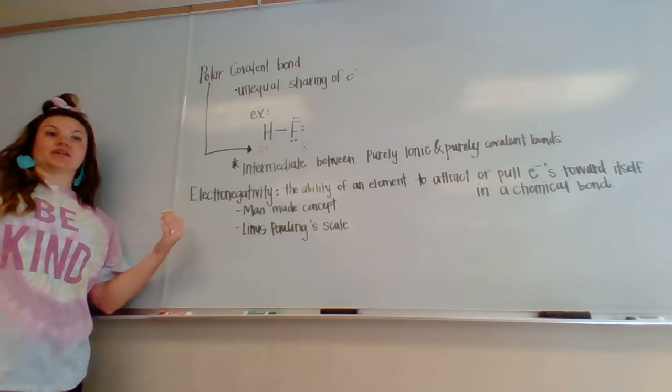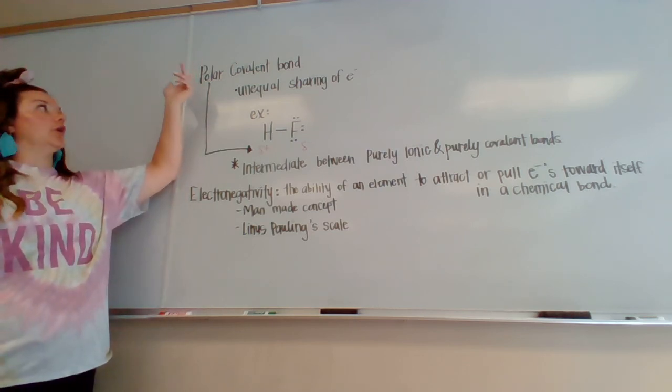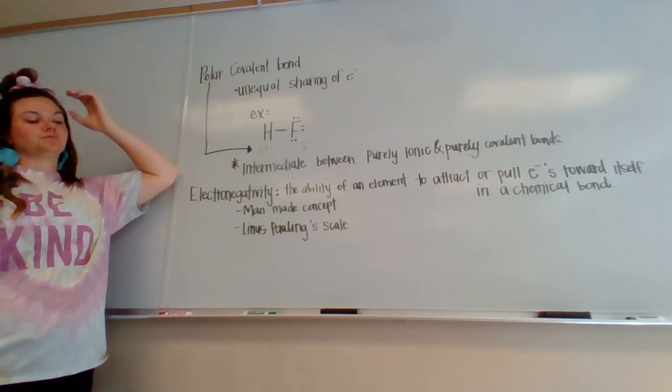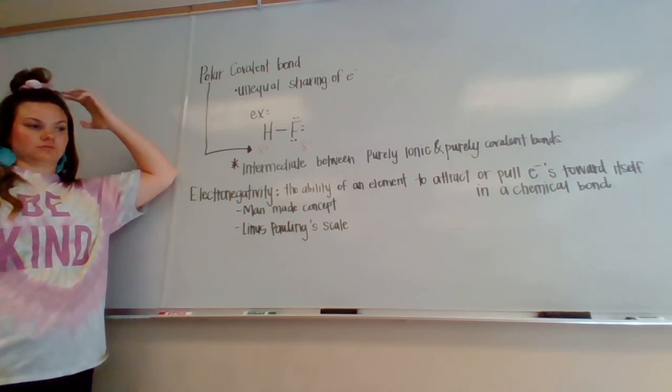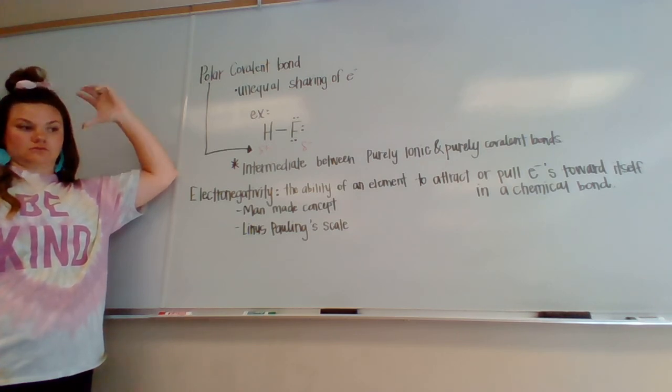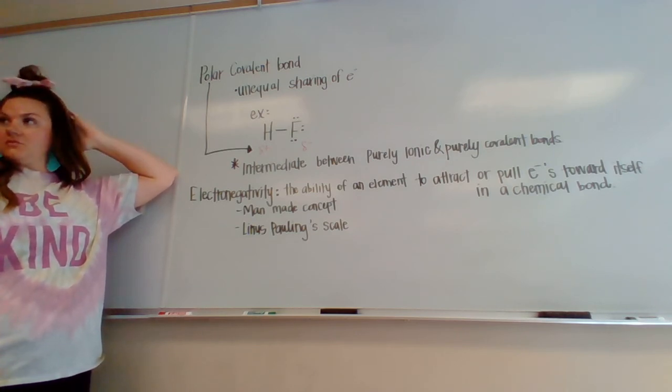Because of electronegativity, we have polar covalent bonds. Fluorine is about 4.0 and hydrogen is 2.1, so fluorine pulls harder.